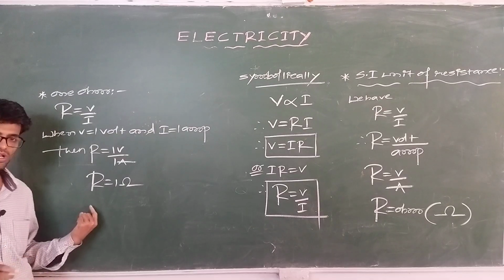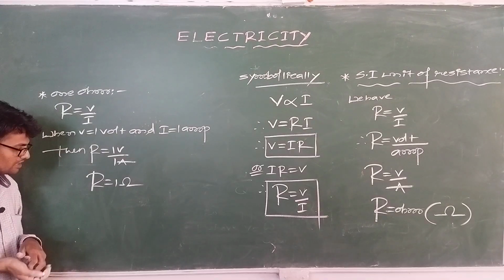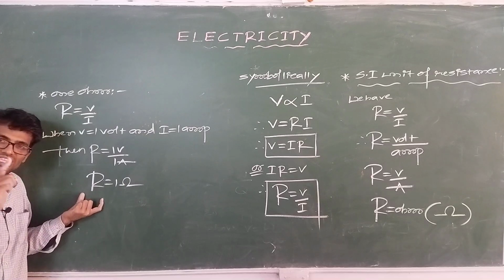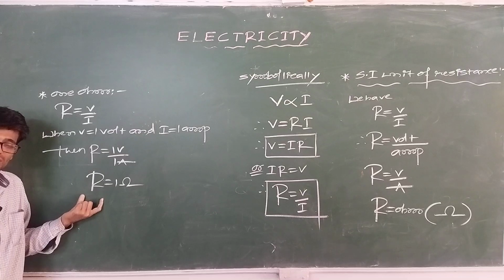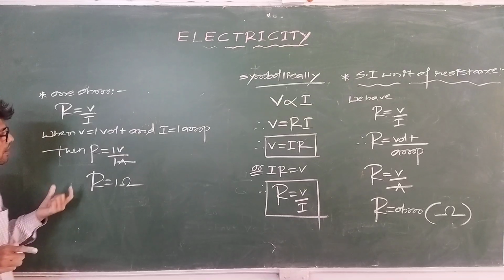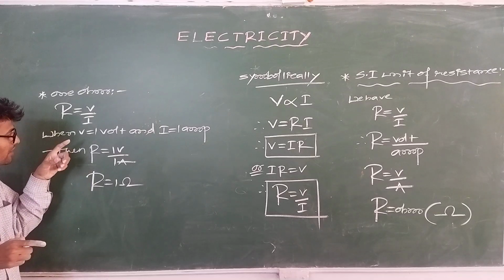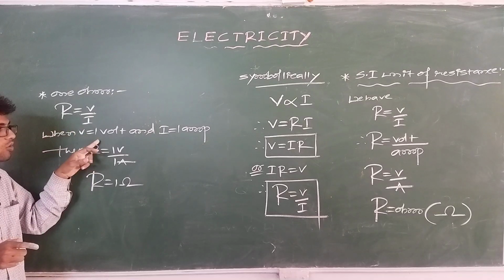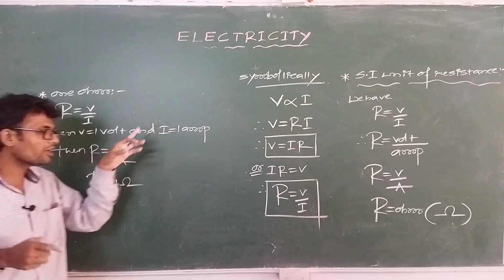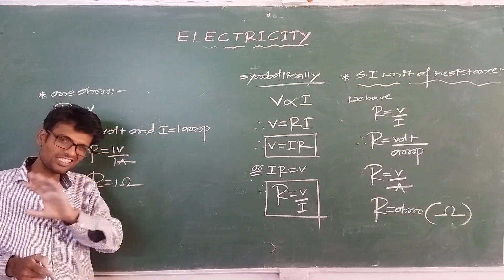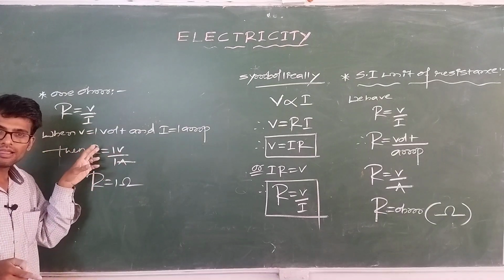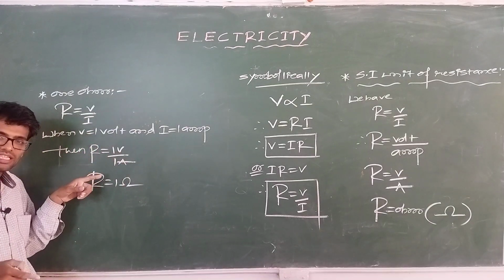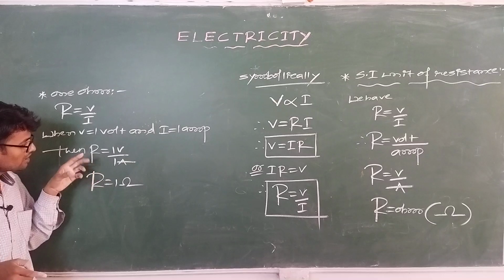Now see the definition of 1 ohm. The resistance of the conductor is said to be 1 ohm when the potential difference between the ends of a conductor is 1 volt and the current flowing through it is 1 ampere. So very simple definition. In this mathematical expression we have the definition of 1 ohm.